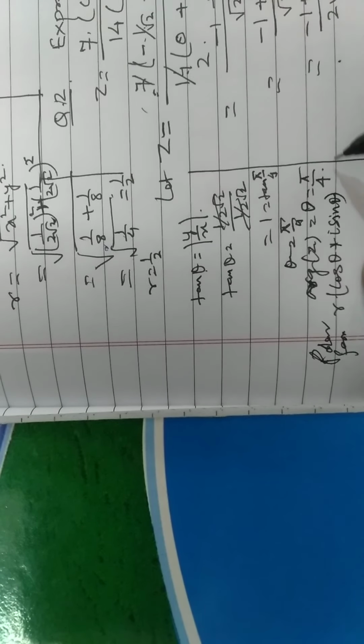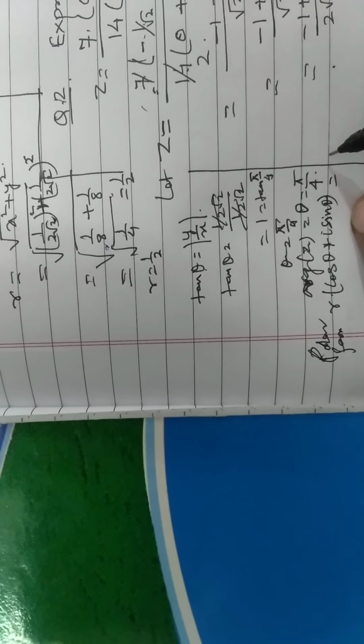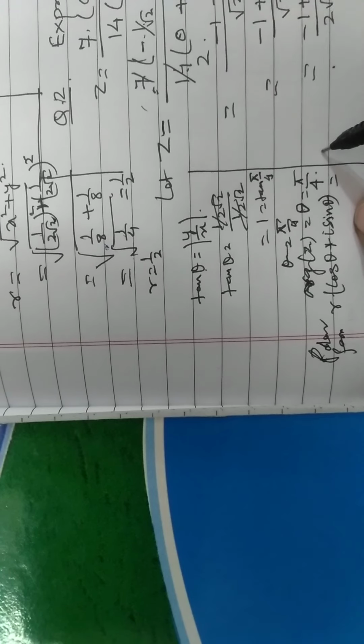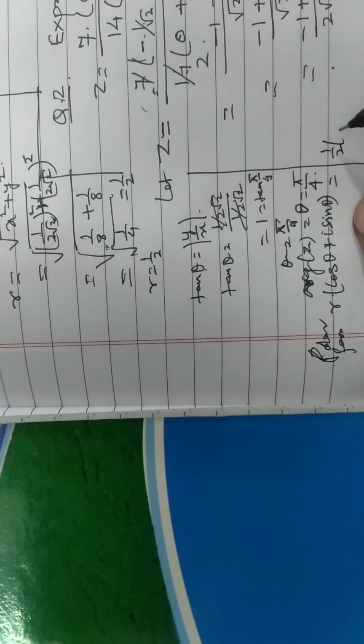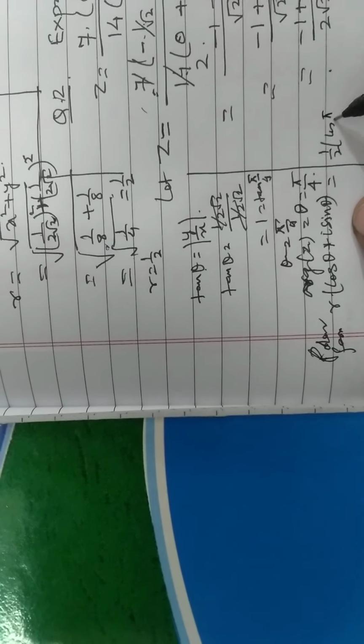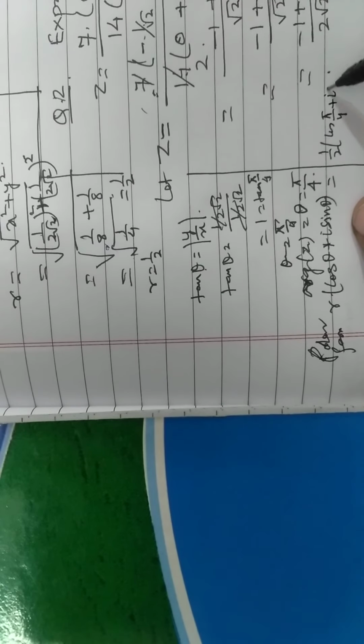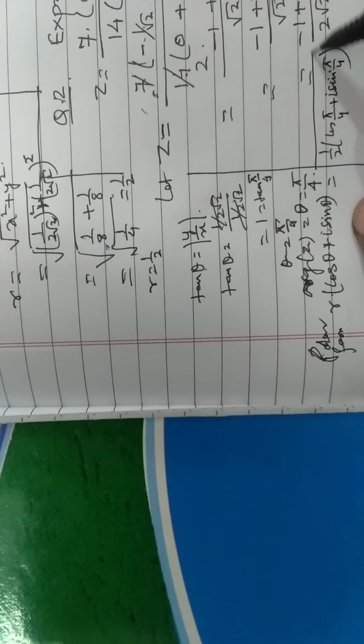So put the value over here. In place of r you will substitute 1 by 2, and then cos pi by 4 plus i sin pi by 4.